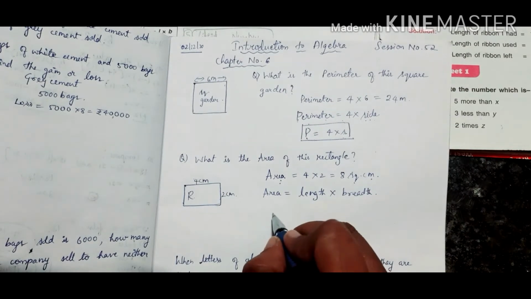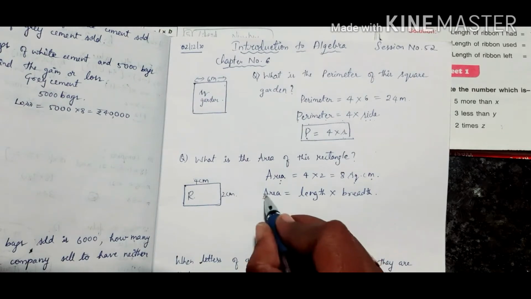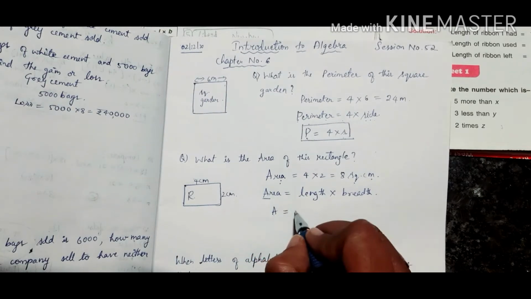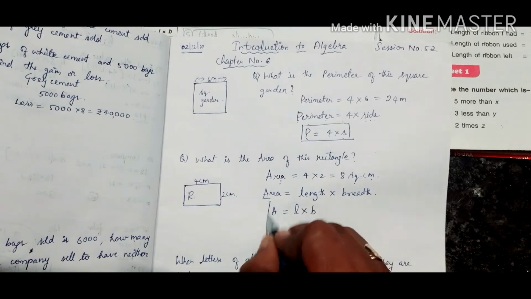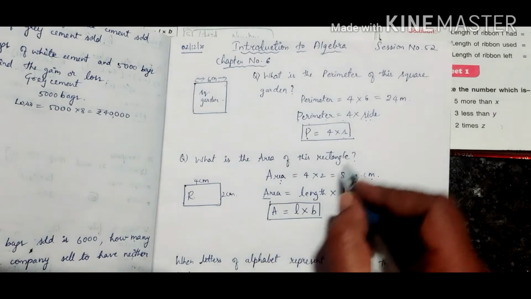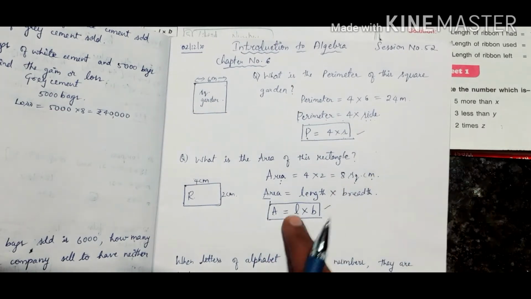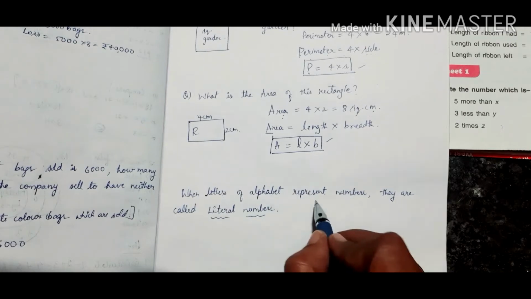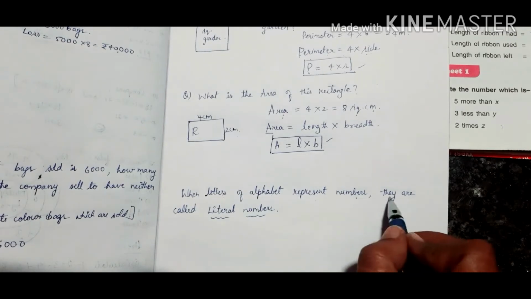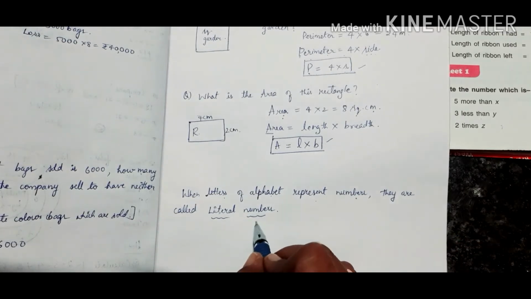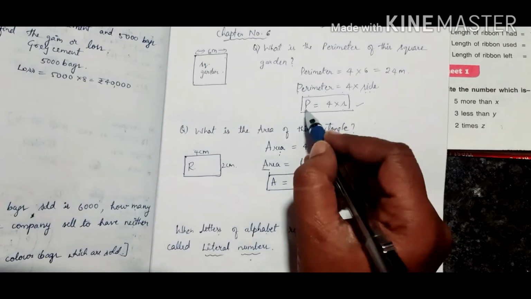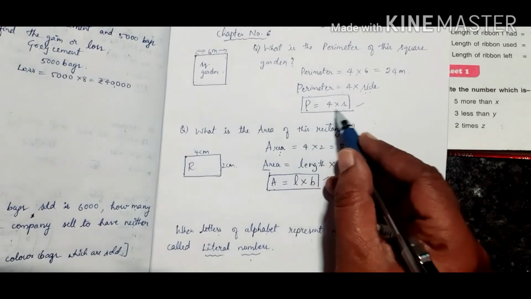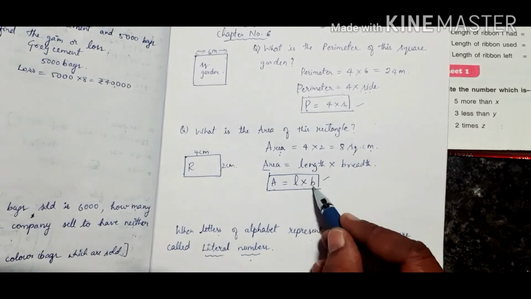One more time, I write area as, I take the first letter of area, A is equal to L into B. So here comes the concept of literal numbers. What are literal numbers? When letters of the alphabet represent numbers, they are called literal numbers. So all these letters P, A and S, L and B are representing some numbers.